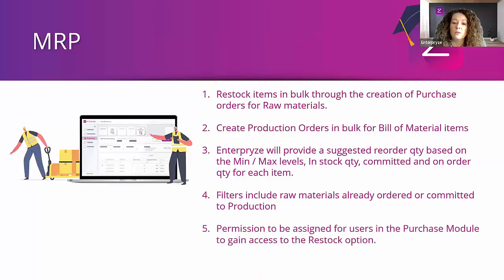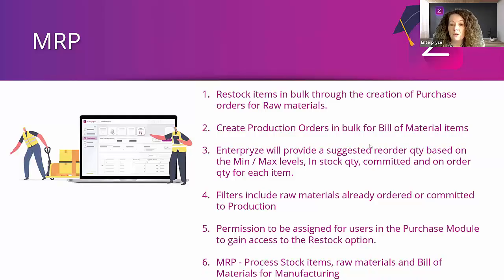And permissions can also be assigned. This is the permissions that I mentioned, one of the considerations around assigning permissions for the user in the purchases module to gain access to the restock option. In user settings, under purchasing, there is a user setting for the restock option if you need somebody to see the MRP option.